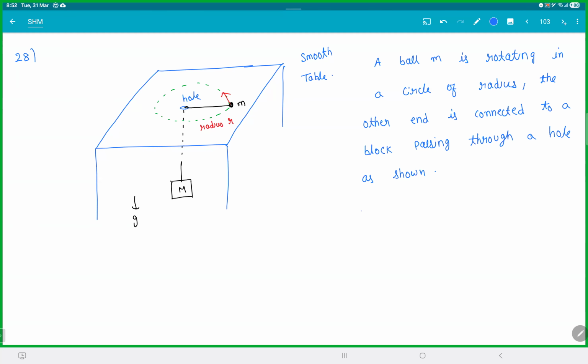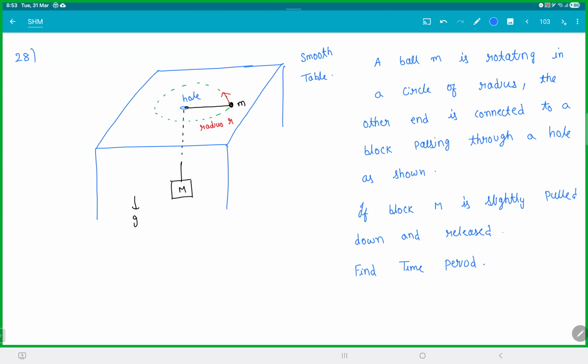Now you pulled that block M slightly downward and released it. The block starts oscillating. Find the time period. Hope the question is clear.